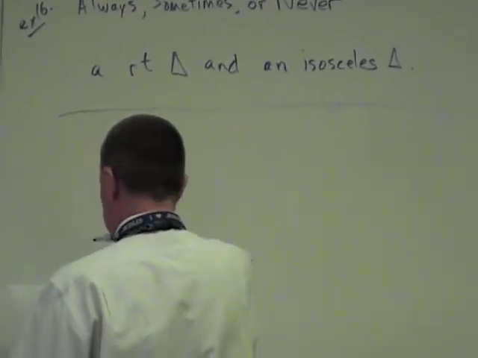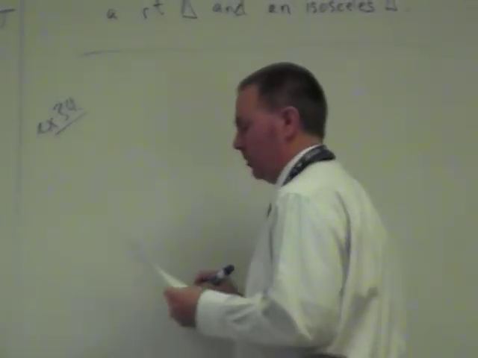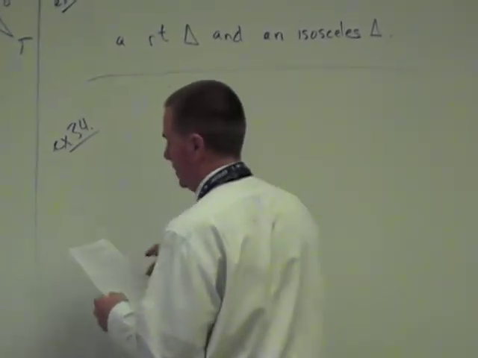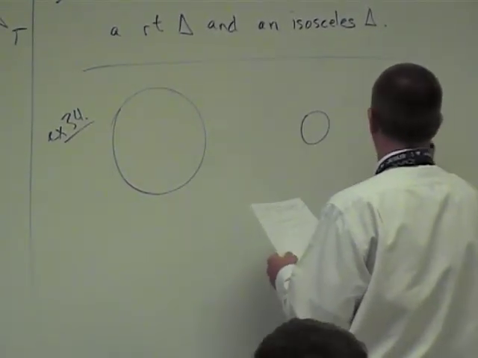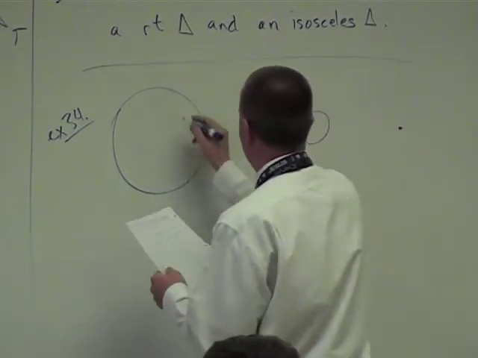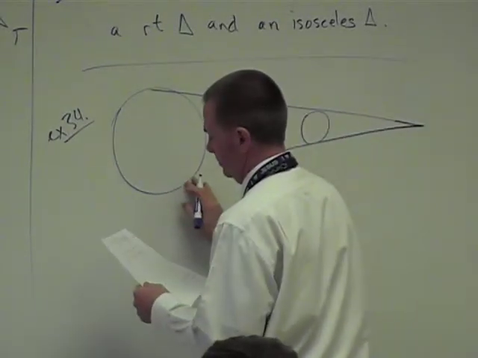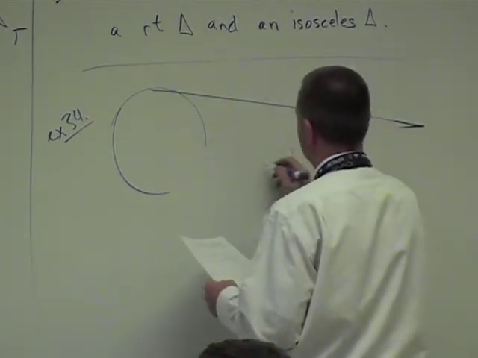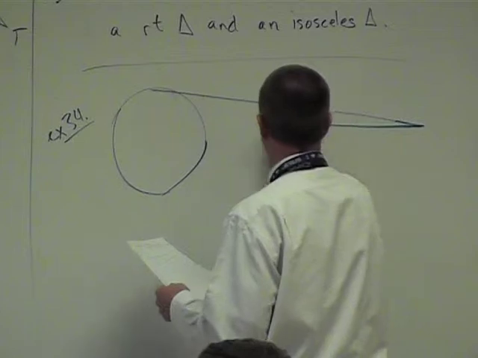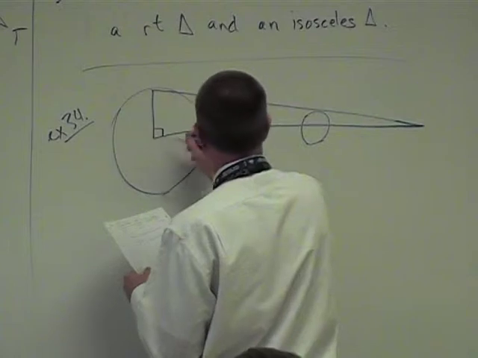Okay. Let's draw a story problem. This is number 34 in your book. I can't remember if this is the sun and the moon or... Oh yeah, this. Okay, I think it's the sun. The sun, we have the moon, and we have the earth. So this is a 90-degree angle here.